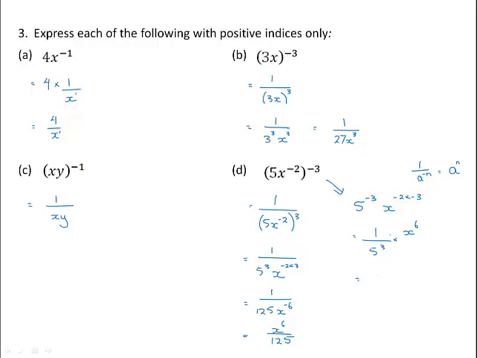If we multiply the numerators, 1 times x to the power 6 is x to the power 6, and in the denominator 5 cubed is 125. So we get the same answer both times.